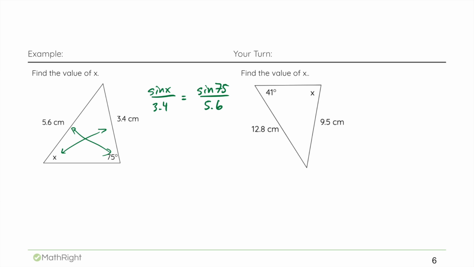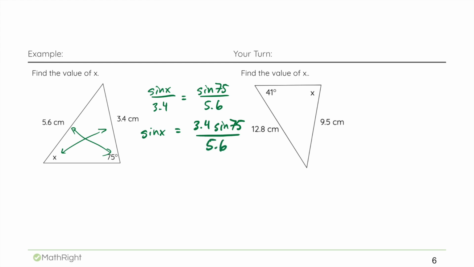Again, the only reason I'm doing that is just because I like to have my unknown variable in the numerator. I find it easier to work with algebraically. I have a 3.4 in the denominator, which means I multiply both sides by 3.4, which means the 3.4 is going to be in the numerator on the right side. So I end up with sine x equal to 3.4 sine 75 divided by 5.6.